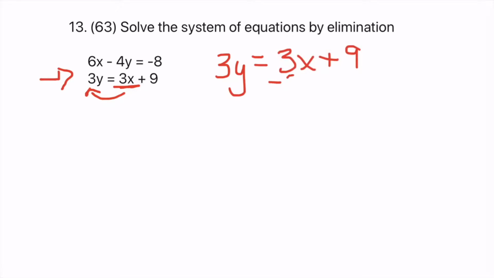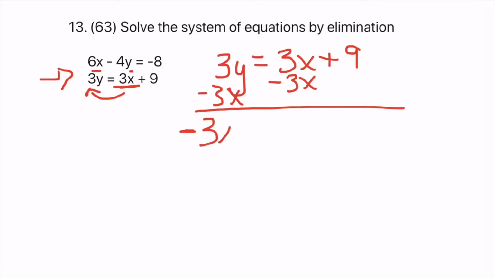I'm going to subtract 3x, and then notice how in the first one you have your x and then your y, so I'm going to rewrite it exactly like that. So negative 3x plus 3y equals 9. So now they're both in the same form.